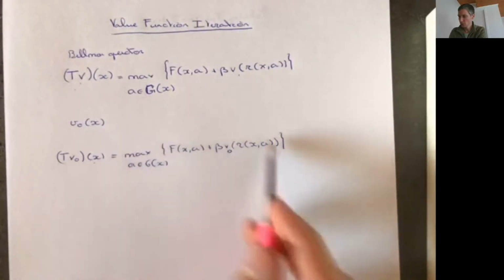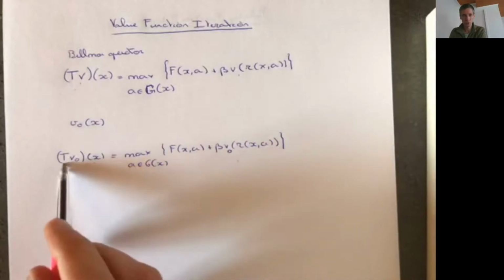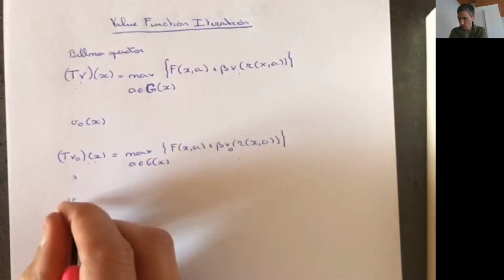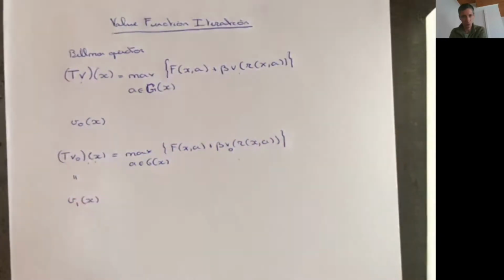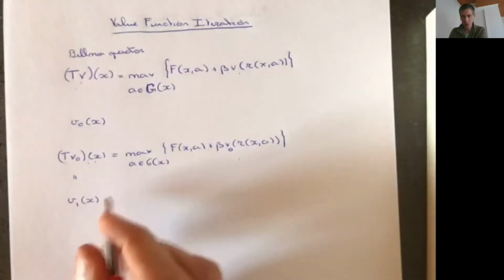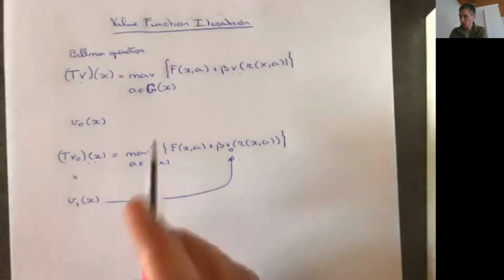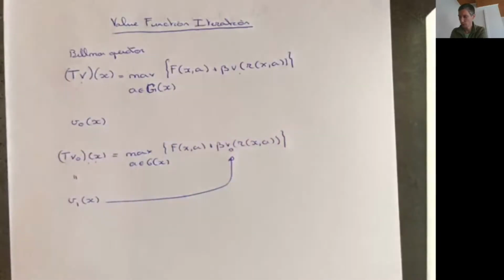For every x we solve this problem, we get a new function T of v0, and we can call this the function v1, which will be a function of x. Then we plug this back into our Bellman operator.